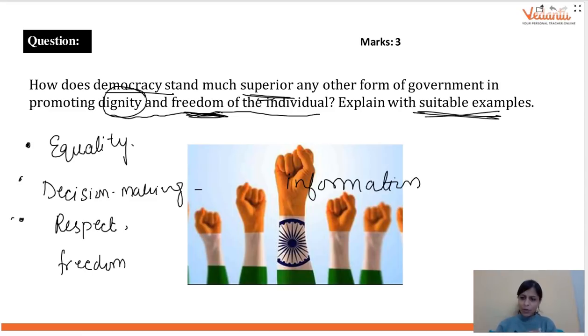Now in a democratic setup, they can stand up for their rights and wage a fight for equality. So democracy recognizes the principle of equal treatment to women, unlike other non-democratic governments.